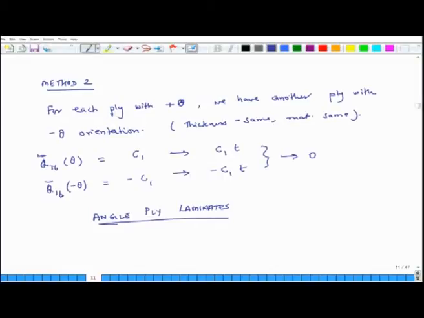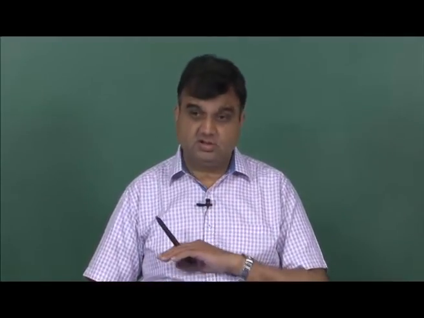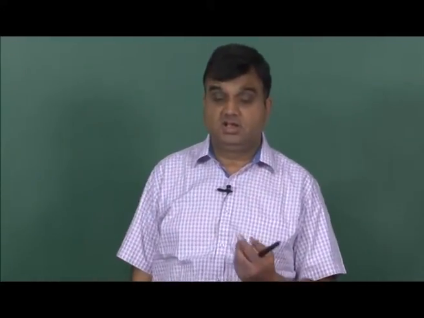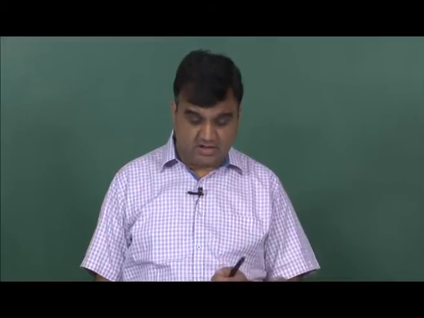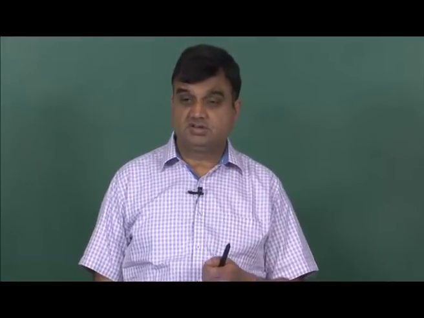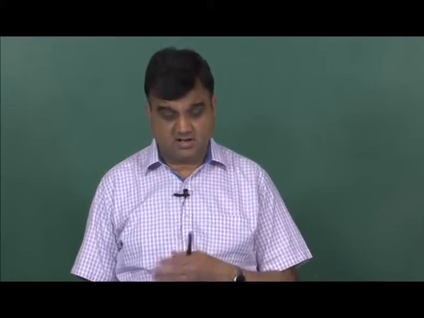So, for every 30-degree ply there will be another ply, it may or may not be symmetrically placed, it does not matter, but there will be another ply at an orientation of minus 30, and that will ensure that the overall value of A16 and A26 is 0. So, there are two methods through which we can ensure A16 and A26 to be 0. Either we make sure that all the laminae or layers are either 0 degrees or 90 degrees, or if we want to have non-0 or non-90 degree layers also, then for each theta we should have another layer with negative theta orientation, and if that is the case then we are okay.